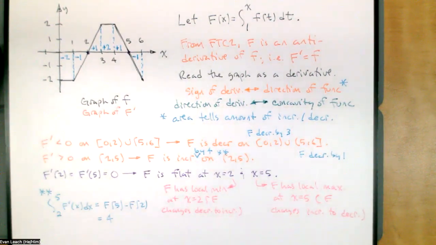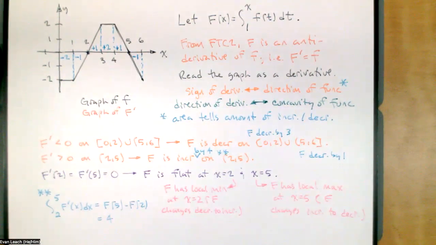If F of 5 minus F of 2 is equal to 4, that means capital F has increased by 4 on the interval from 2 to 5. Similarly, for 0 to 2 and from 5 to 6.